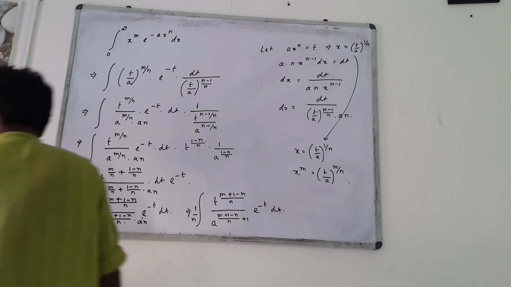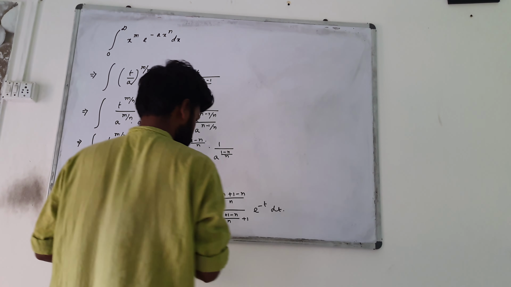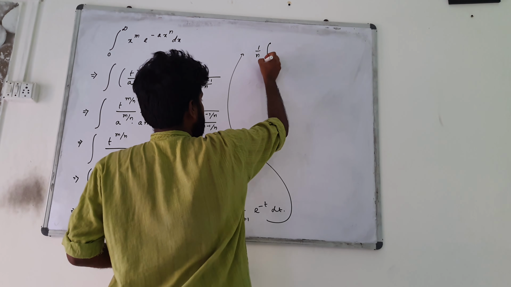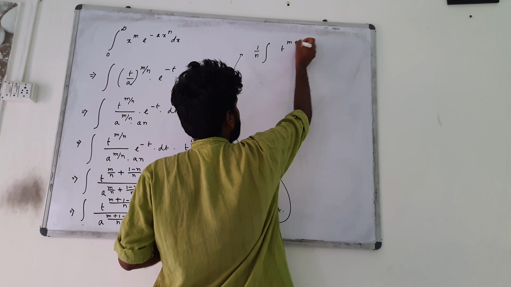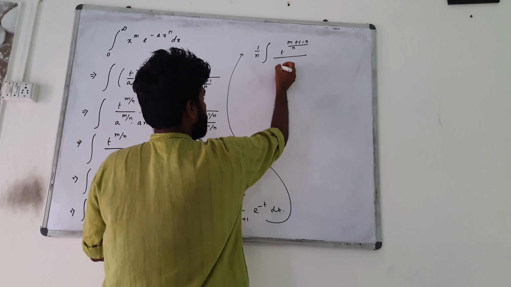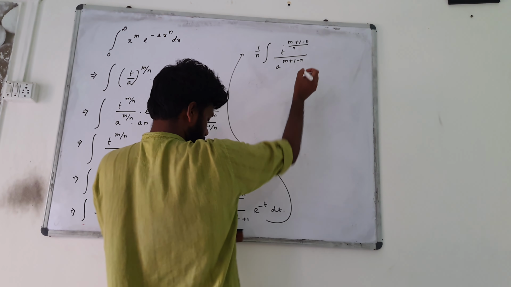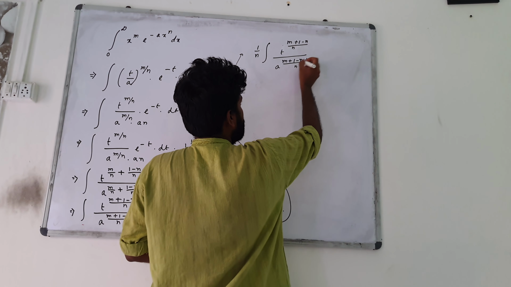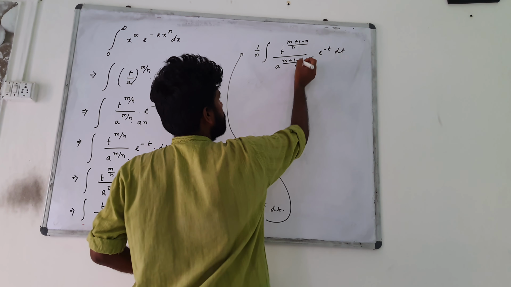Okay, and then it will become 1 by n integral t to the power m plus 1 minus n by n over a to the power m plus 1 minus n, and then from the LCM there is a plus n by n exponential of minus t dt, and then n and n cancels out.